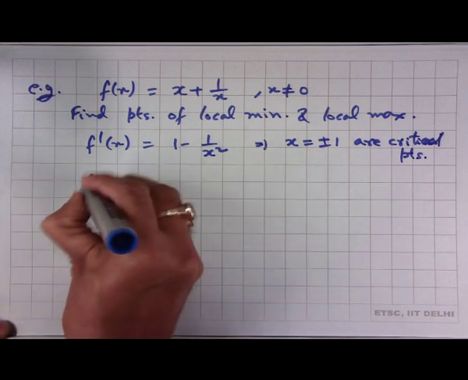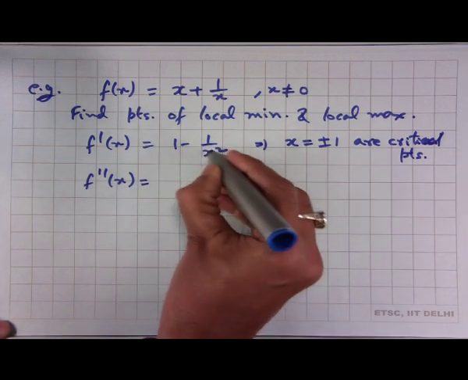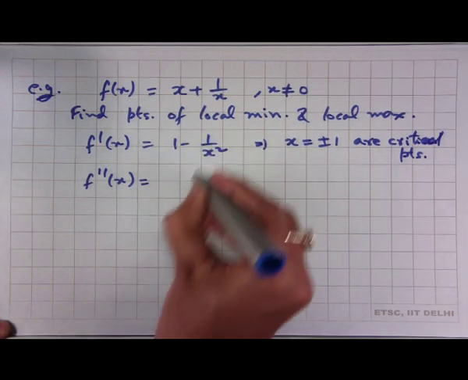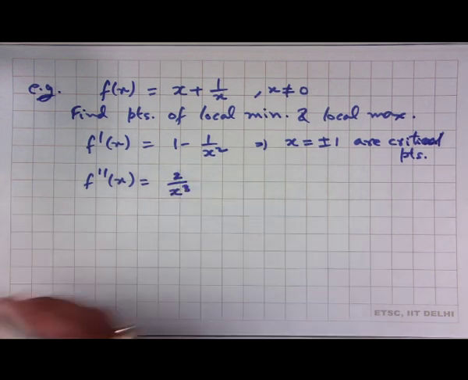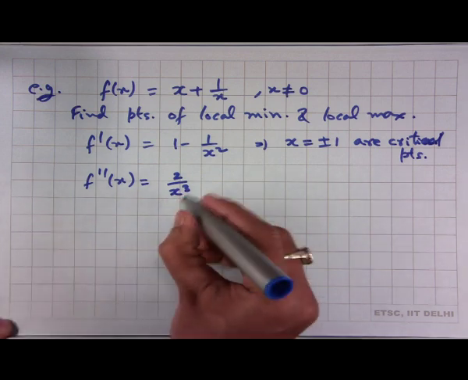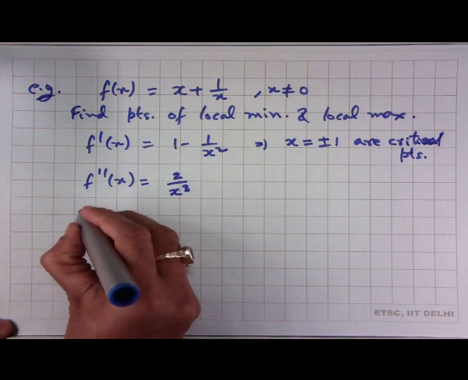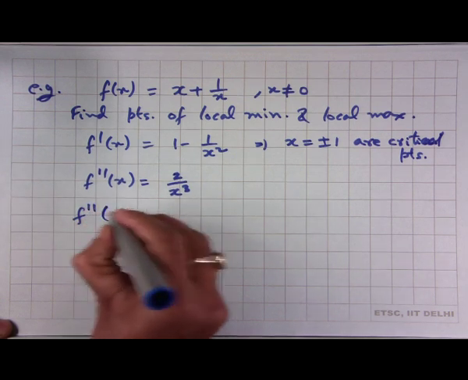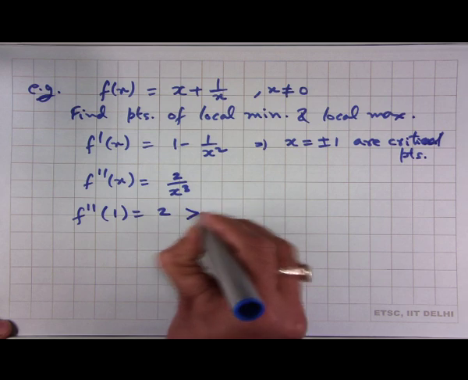Now, if we calculate the second derivative f double prime x, this is equal to minus x to the minus 2. So, this will be 2 by x cube, and then we see that f double prime, if I evaluate at 1, this is equal to 2, which is positive.